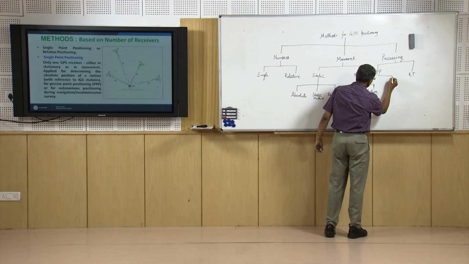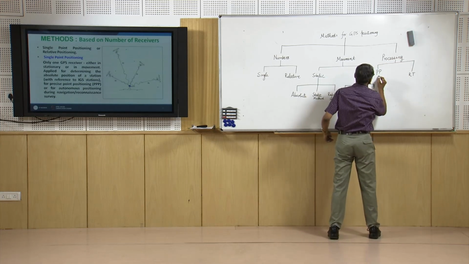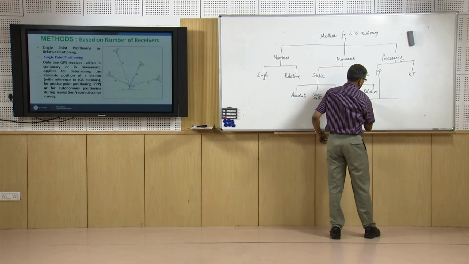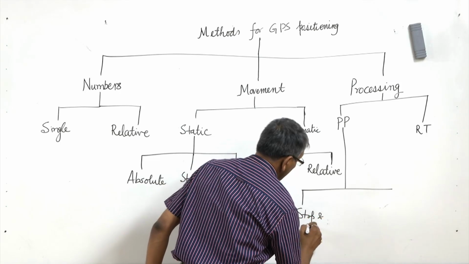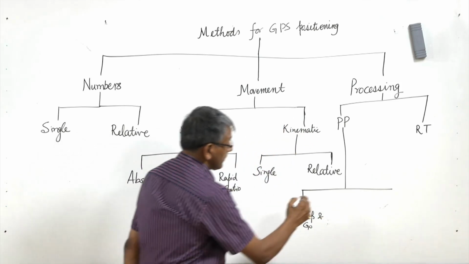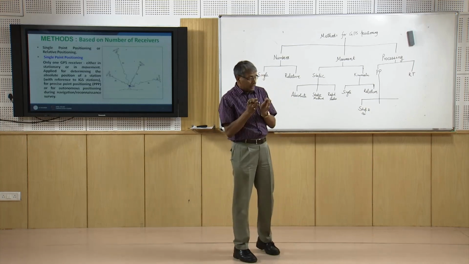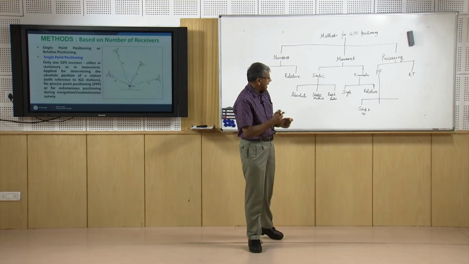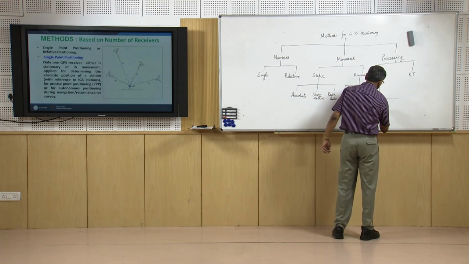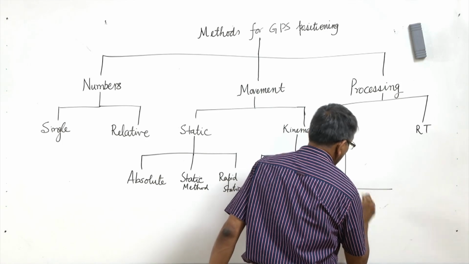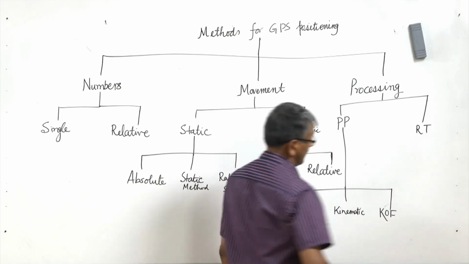Again this post processing has three types of positioning: one is called stop and go, where we consecutively stop and take the reading and then move forward to the next point; another is called kinematic; and the kinematic on the fly, KOF.